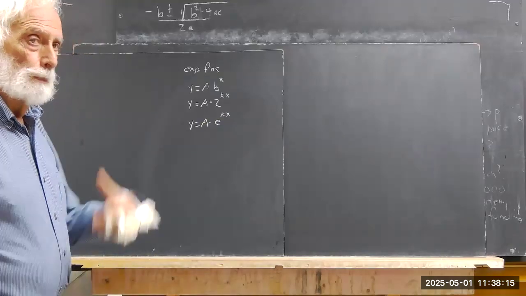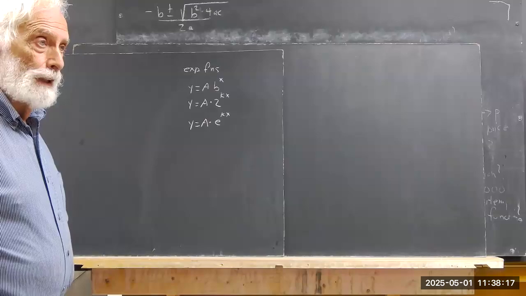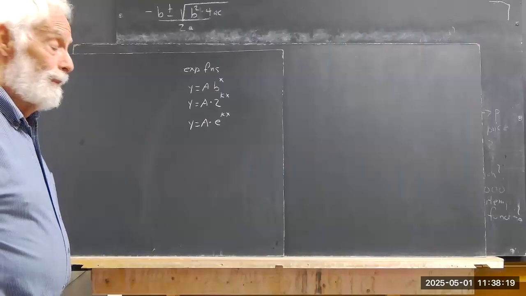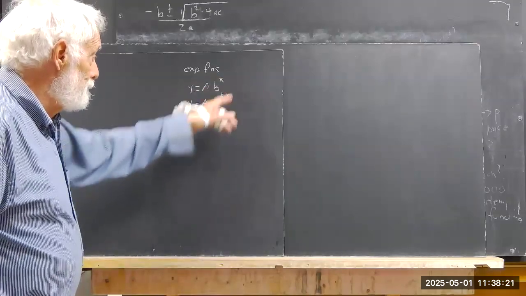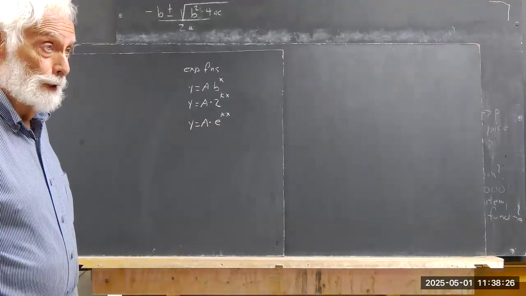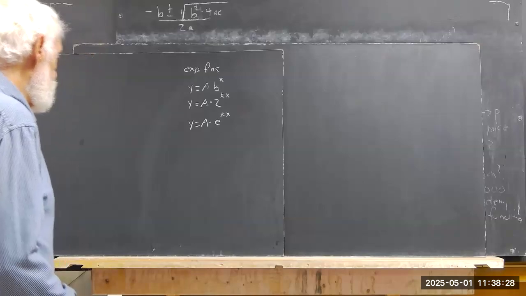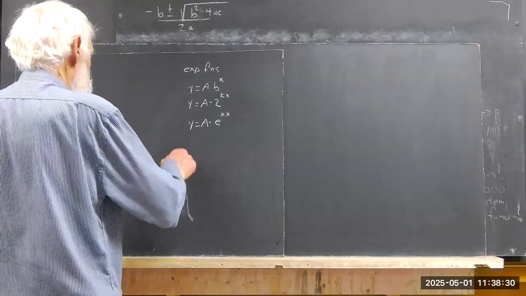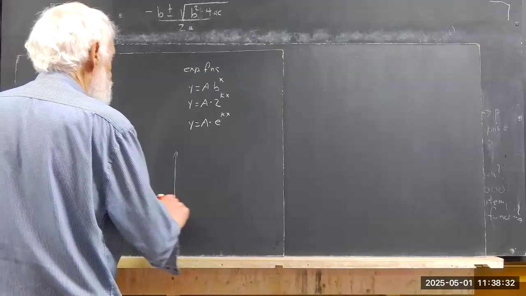Those are your basic forms of exponential functions. Now you can always add a number there, and that number will give you a horizontal asymptote. So just a couple of examples, just what they look like.